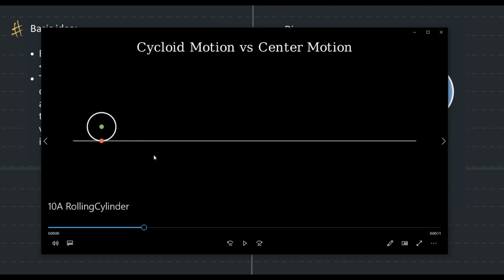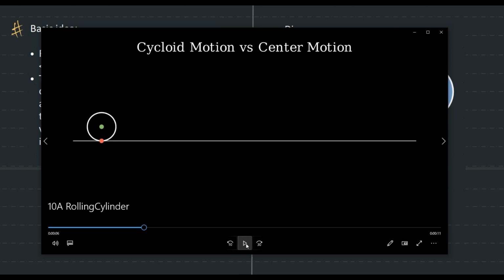There's a certain condition that it has to satisfy, only then we'll consider it to be rolling. The green color indicates the center of mass, and the red is a random point on the circumference of the wheel.